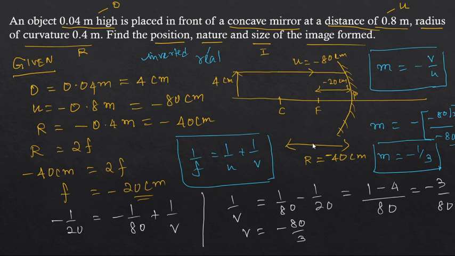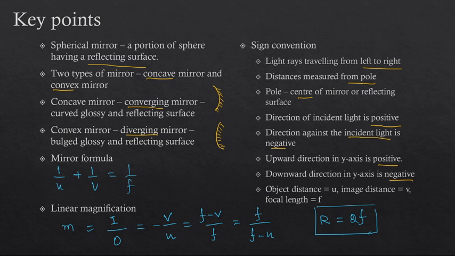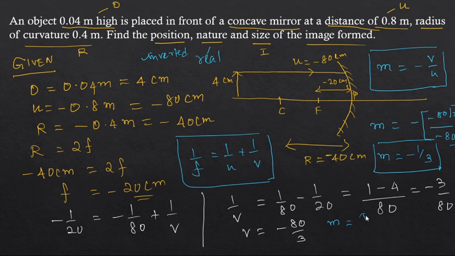Okay, and then we need to find out the size. The size of the image can be calculated from the magnification formula once again. So we know another formula, m is equal to I by O. Now we want to find out the size of the image, so I is equal to O into m.